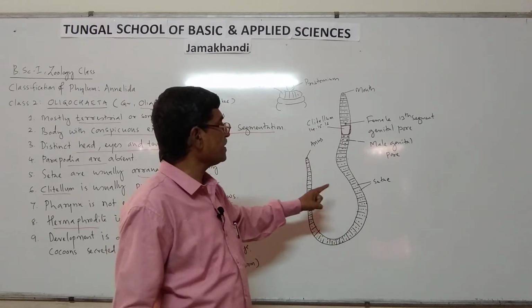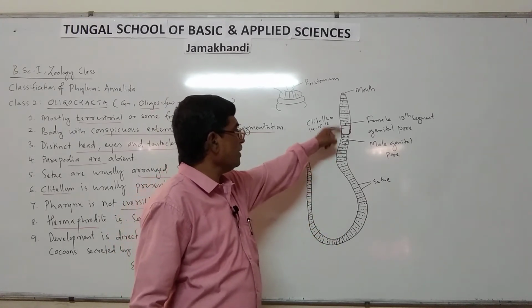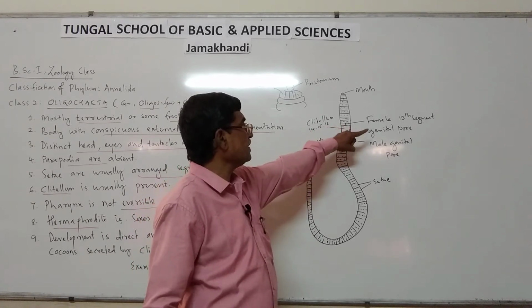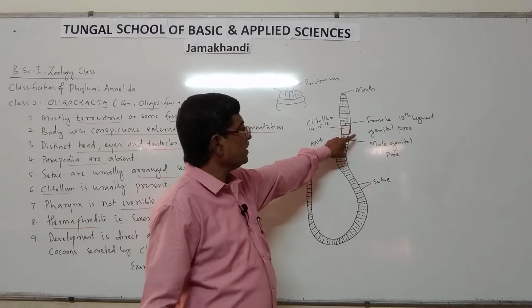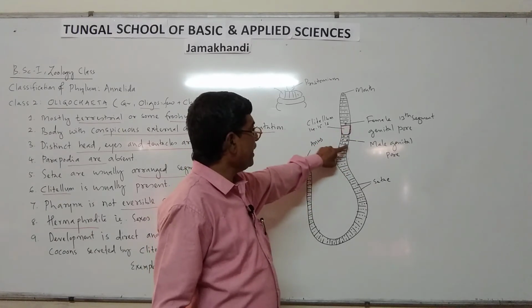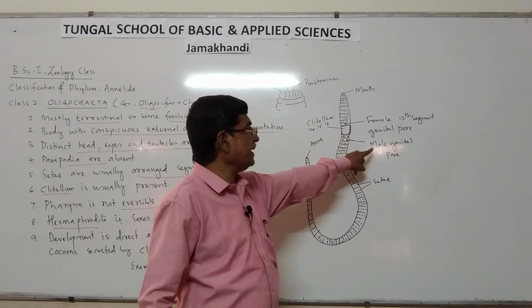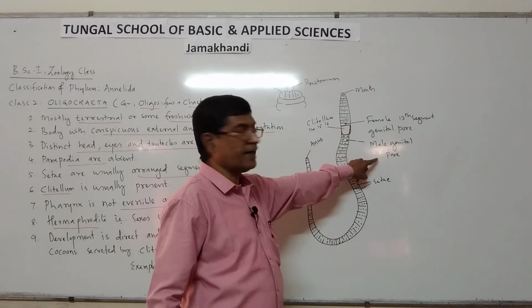Metameric segmentation is seen. Then you can see on the ventral surface, on the 13th segment, the female genital pore is there, and on the 18th segment, the male genital pores are present.